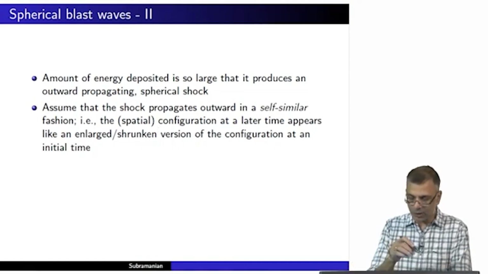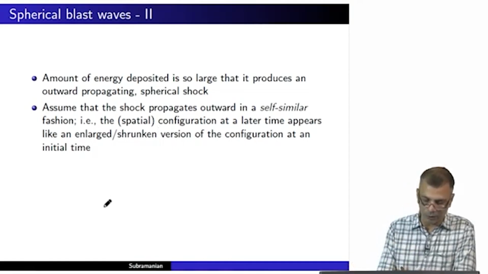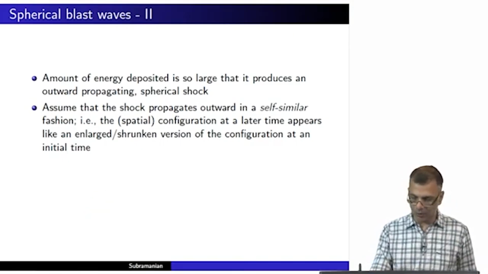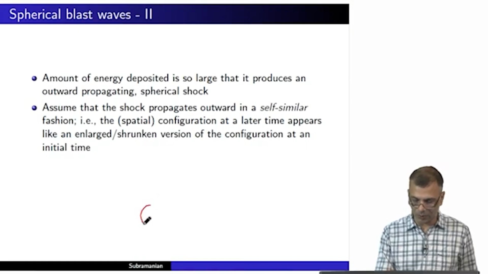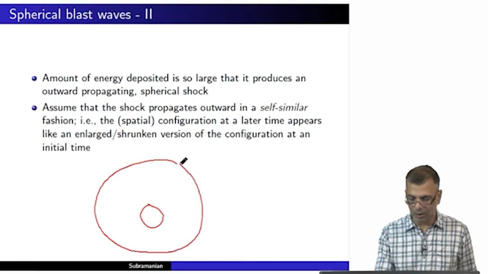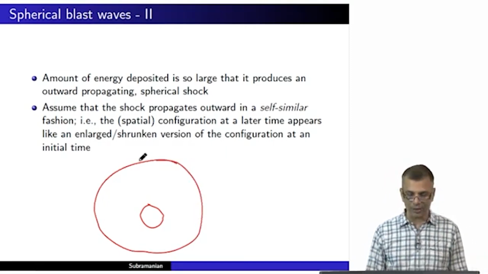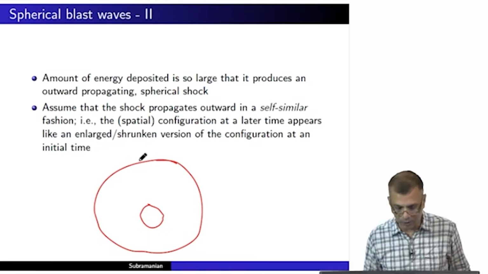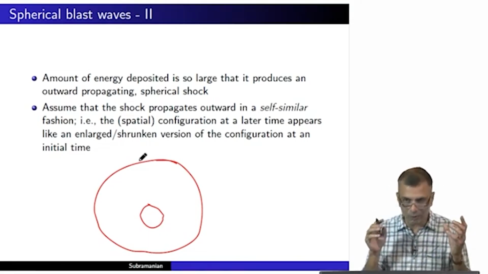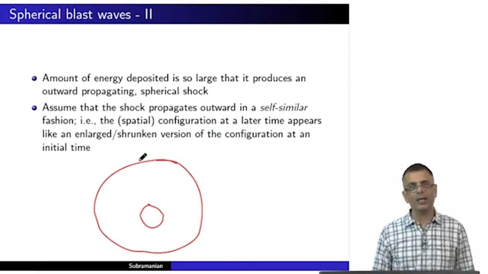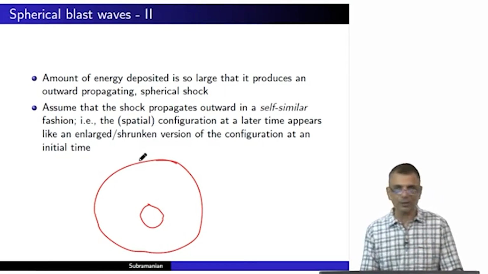So in other words, if the spherical shock front was somewhat like this at an initial time, suppose this was how it appeared at an initial time, later on it would appear like this. Whatever this is, if we are sketching pressure contours or density contours and so on and so forth. Okay, so this is one of the central assumptions that we will adopt, and there are two reasons for adopting this assumption.